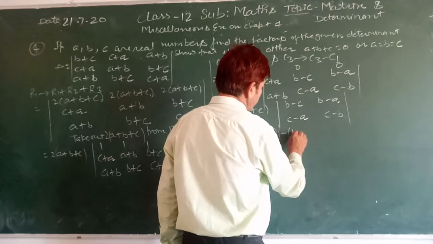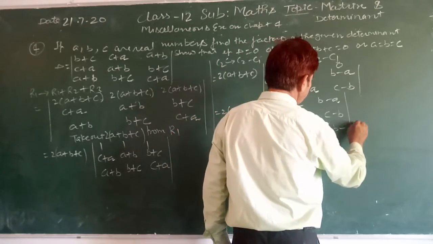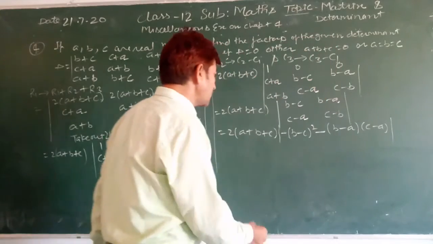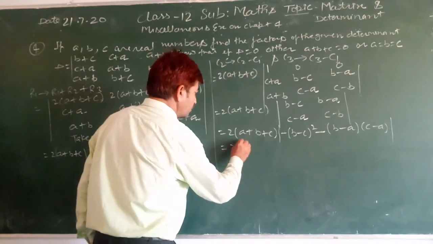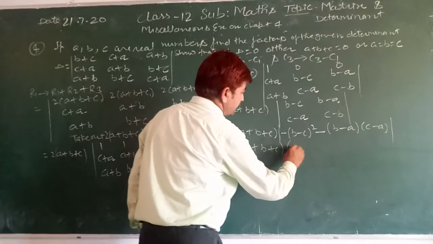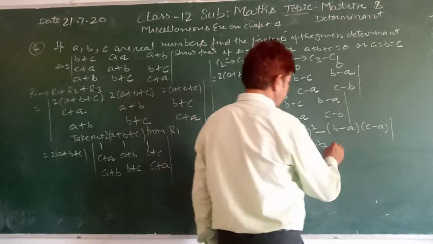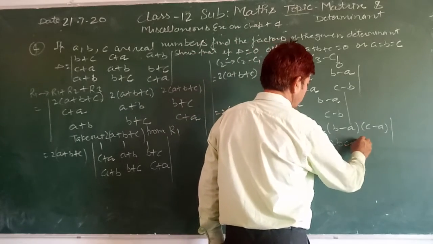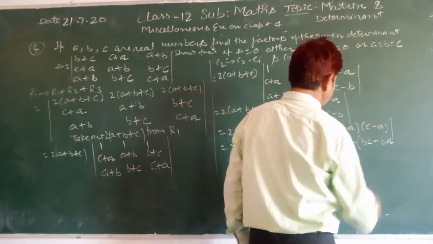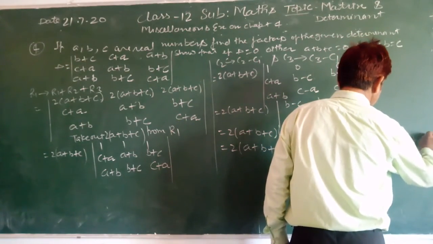It is B minus C whole square minus B minus A times C minus A. On solving, it is B square plus C square minus 2BC, minus BC minus BA minus AC plus A square.